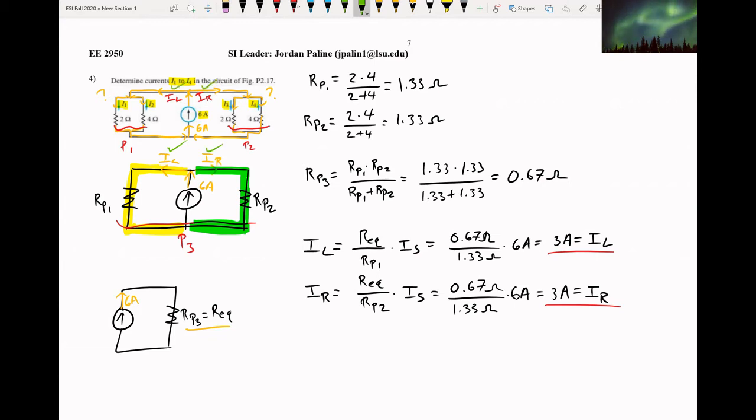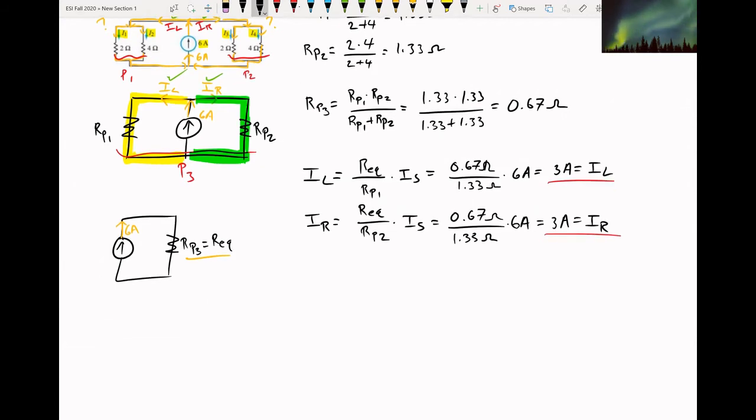Now we can come down here. I'll redraw it again for us. We know that I of left comes this way. It'll split off into I2 and I1, where we'll have 2 there, we'll have 4 right there. Using our same current division equation, I of 1 is equal to R equivalent over R2. In this case, R2 is the 2 ohms, times I of source.